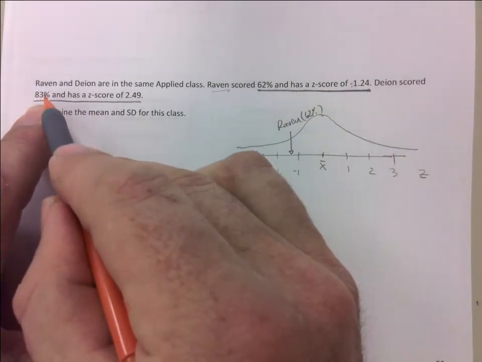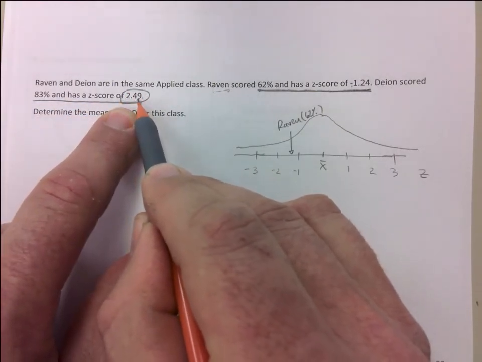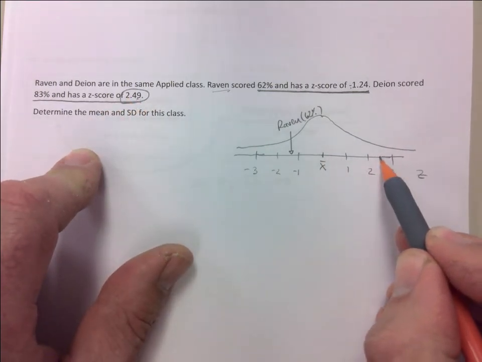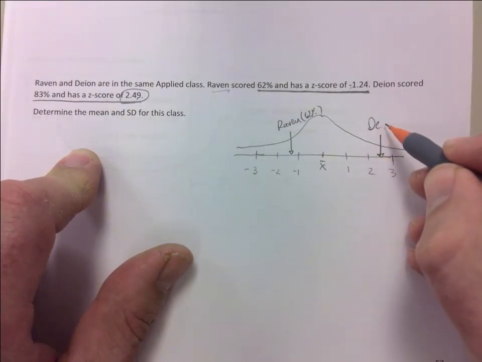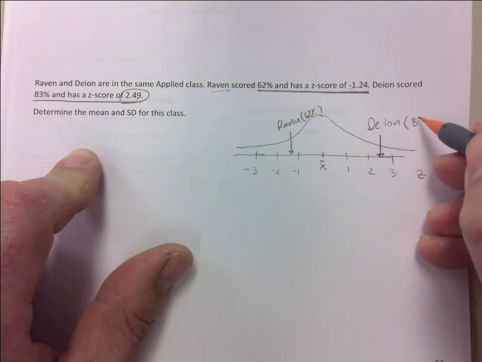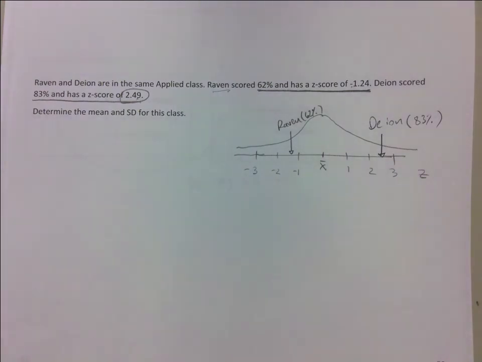Dion has 83%, but more importantly, a positive z-score of 2.49. 2.49 is going to be somewhere in here, correct? So we know the location on the curve based on their z-scores.